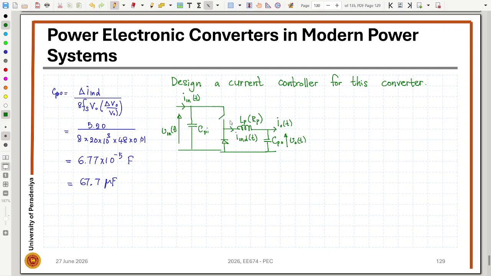So this is the model. We know that we can have the average model equation. Since we are looking at the inductor current control, we can take the corresponding equation.